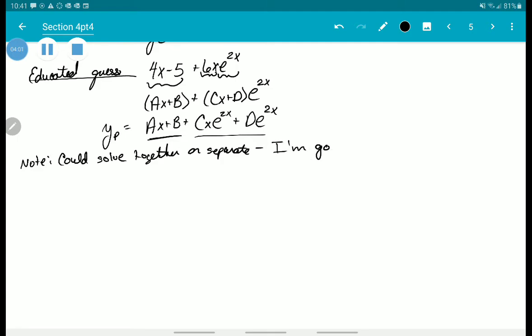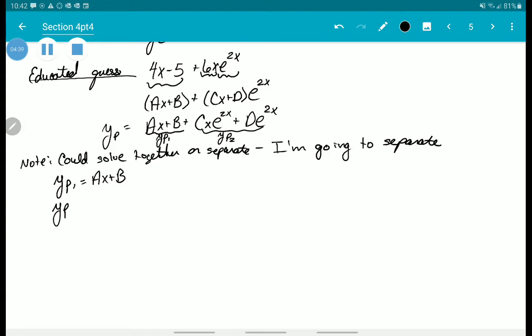So I'm going to separate this. And then we can use that superposition principle to put those pieces back together. I'm going to split up this particular solution into YP1 and YP2. If I use that linear piece as YP1, then we need to take first derivative and second derivative.